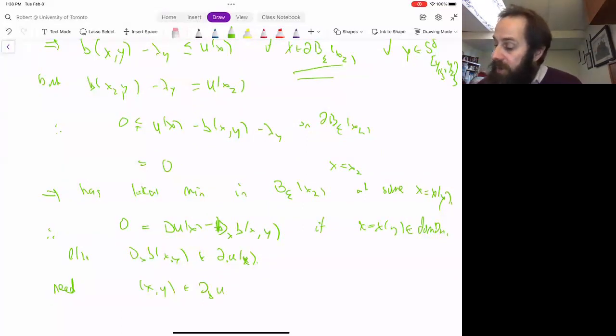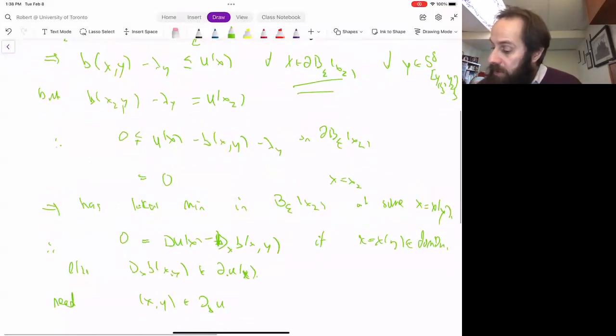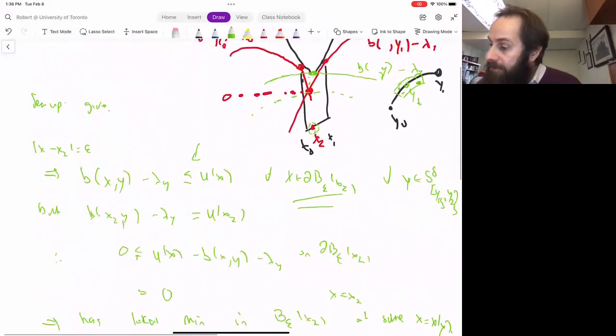So in other words, I found a low, I know that on this ball around here.